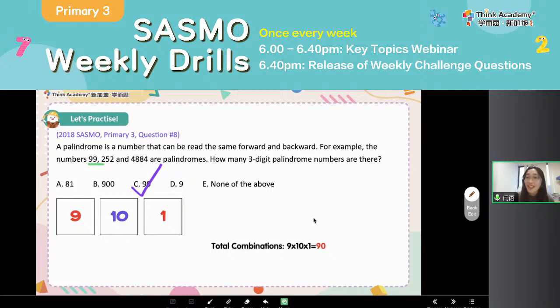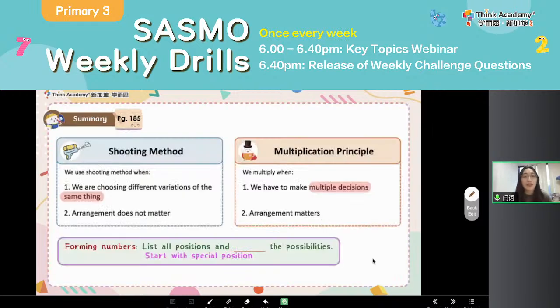You see that the highest place value is the most special because digit 0 cannot be put in the highest place. And then move on. For the tens place, why do we have 10 choices? Because now you can put 0 in the middle. Okay, so altogether it should be 9 times 10 times 1.